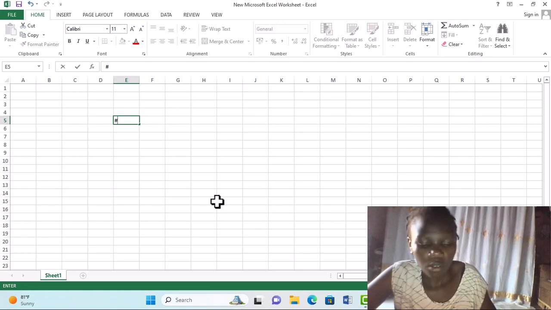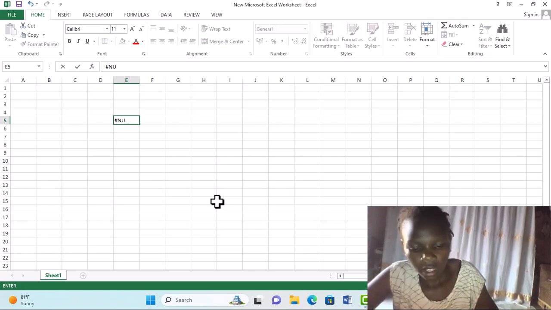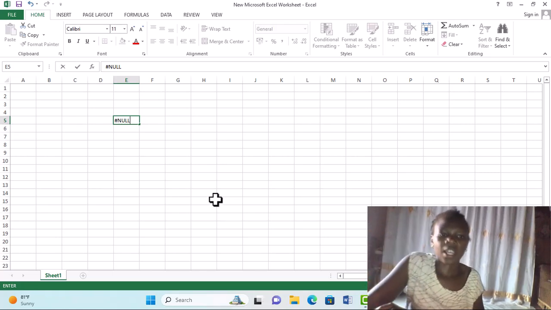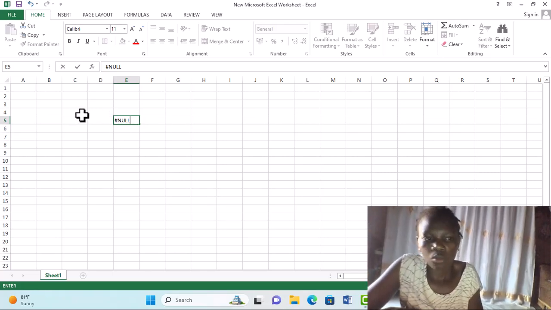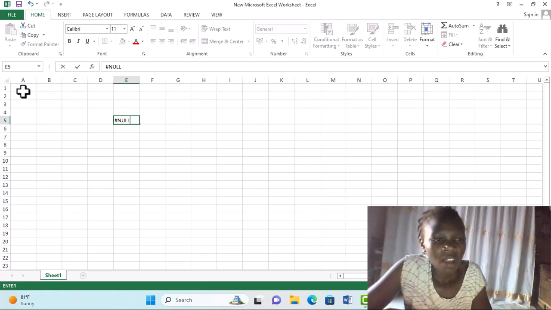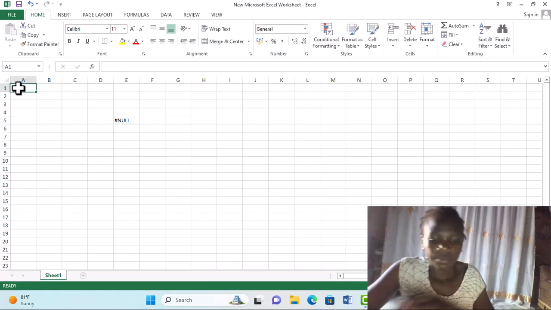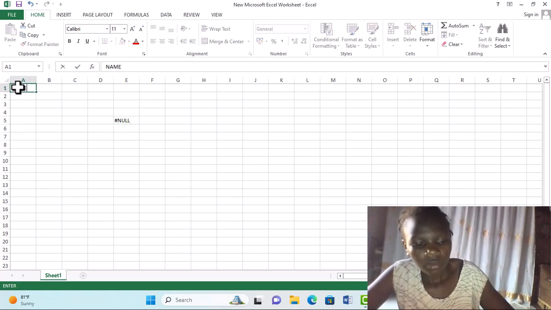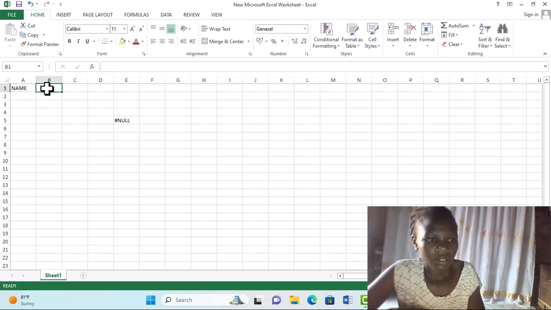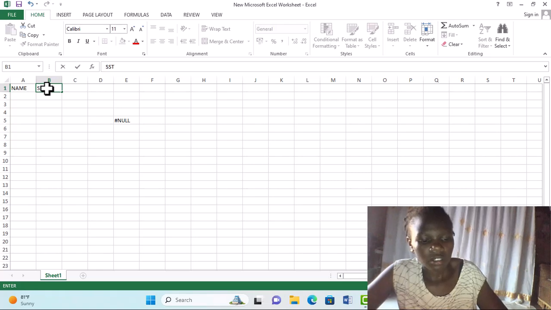Then there is also hash null. Hash null basically means that you are trying to take up a formula that is really not in the right range. For example, let me assume in this column you have names, then here you have marks.